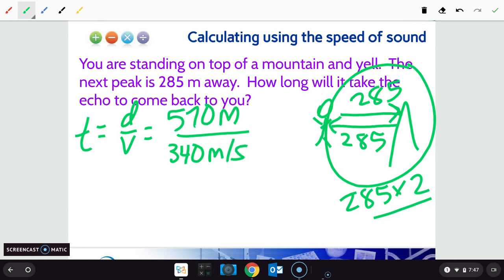And so calculating that, you would get a time of 1.676, and time is measured in seconds. Let me write this a little bit better because I got kind of sloppy there. 1.676 seconds.